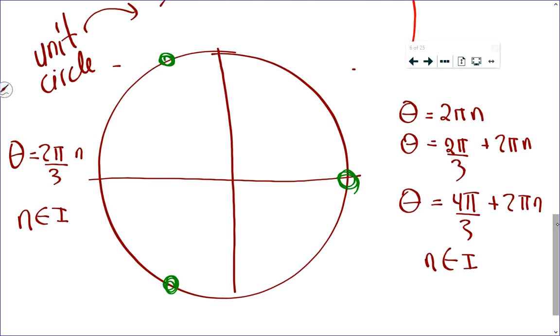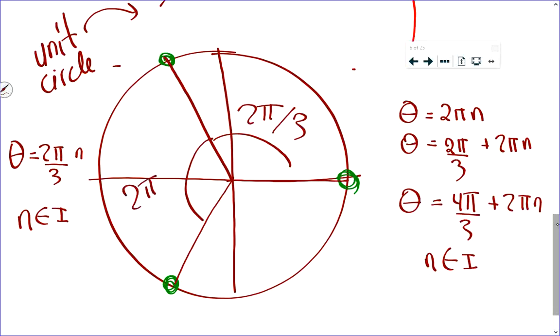And the reason is, when you look at these three angles, or these three positions, they are all 2 pi over 3 away from each other.